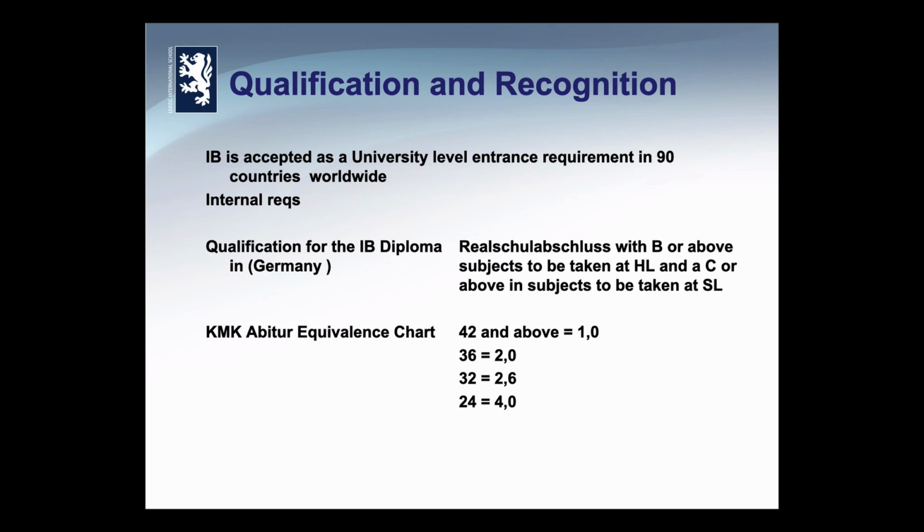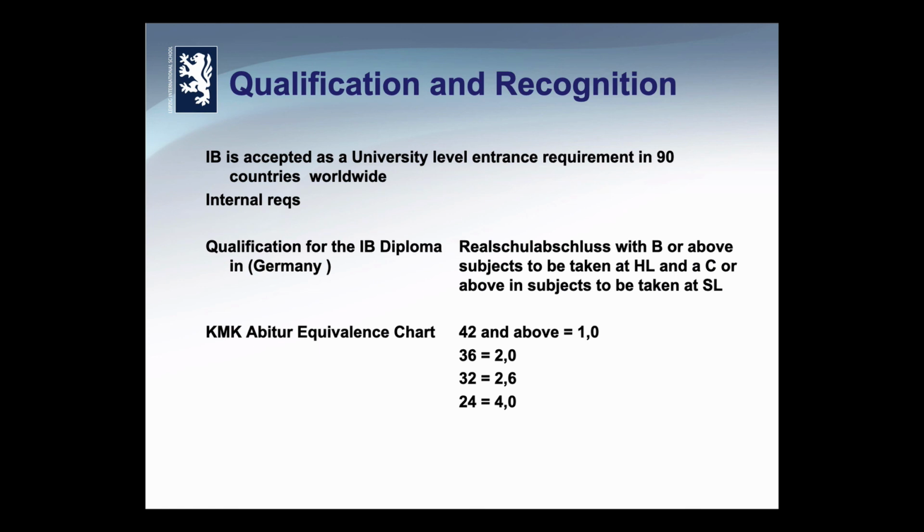The KMK for non-Germans is the equivalent body, the awarding body and educational organisation from each Länder in Germany, from each federal state, and they award the points, and they also convert the diploma into the Abitur system points. So you can see there, for example, that 42 points in the IB Diploma equals a 1.0 or an 1,0.